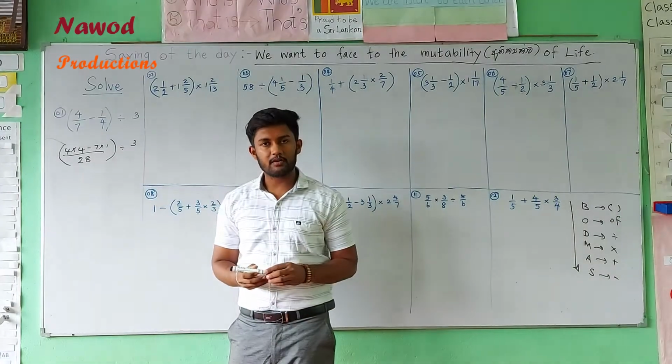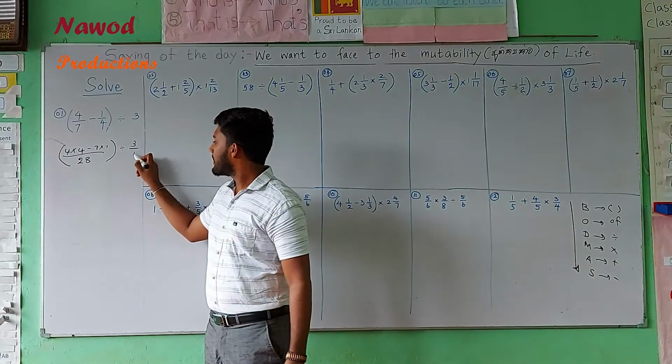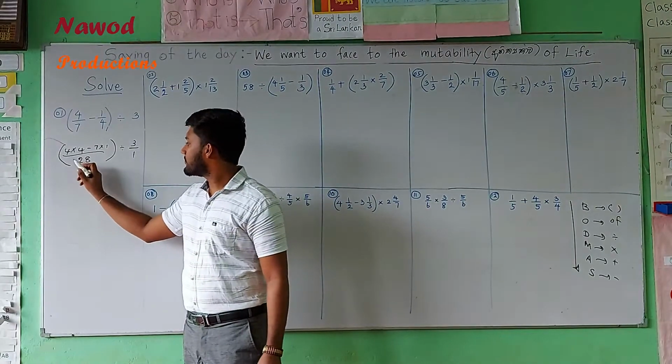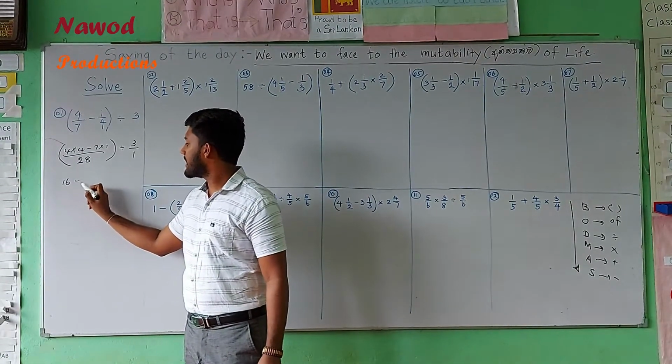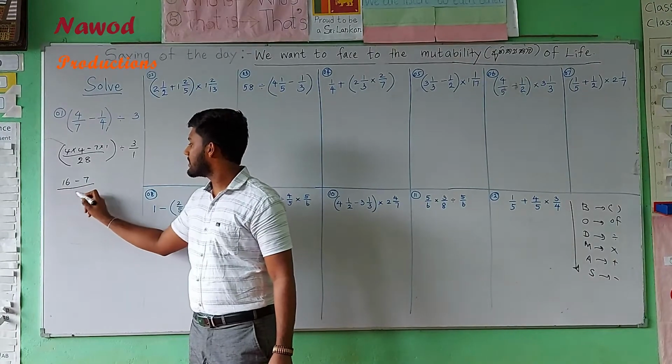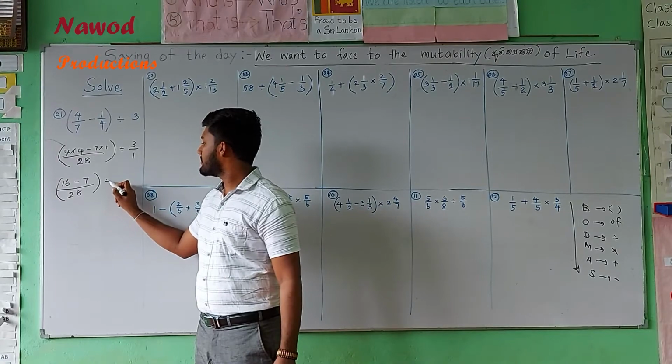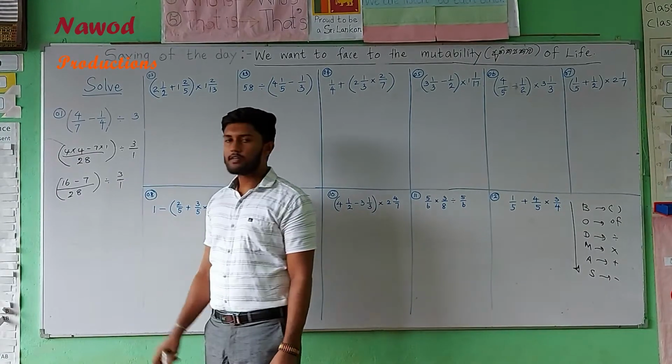In the denominator of 3 you have 1, then you can obtain 4 into 4, 16, minus 7 into 1, 7 over 28, then divide by 3 over 1.